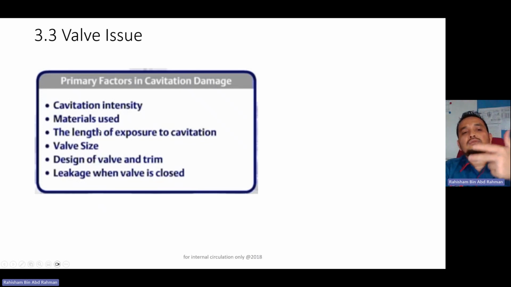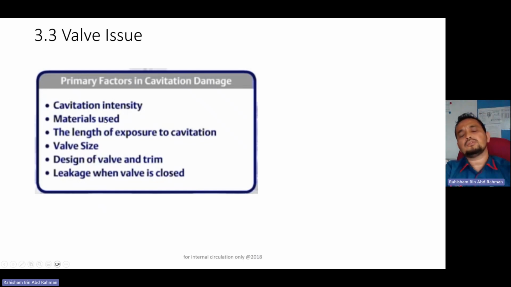First, we need to know that the cavitation damage primarily depends on the cavitation intensity, the pressure difference between the inlet and outlet, before and after the valve. If the pressure difference is huge, then the intensity will be high, and the microjet implosion from the air bubble will severely damage the wall.